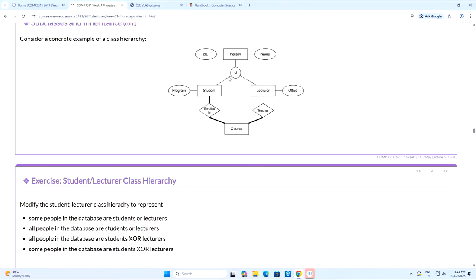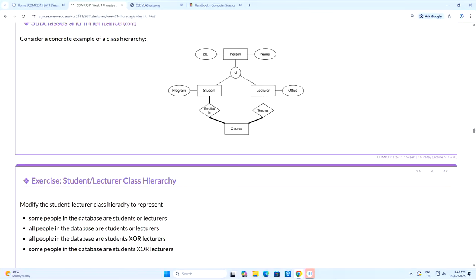Exactly. And in the last example, some people in the database are students, exclusive or, lecturers. I think this is the case we're representing right now. We're making claims about a part of a group, a part of the UNSW people.